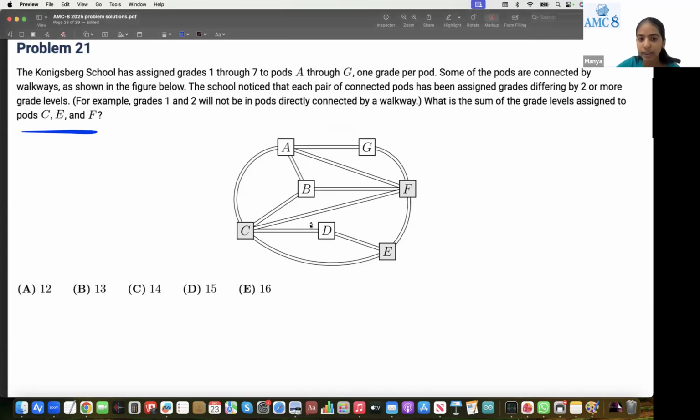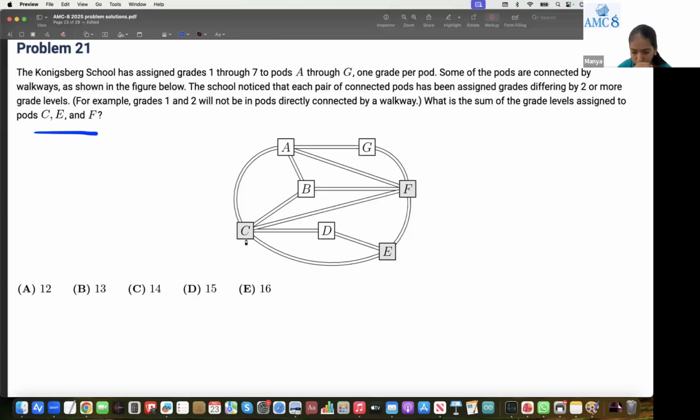So, do you notice anything about these pods over here? Maybe 2 pods in specific? What I notice is that pod C and pod F over here are connected to 5 other pods except for one of them.